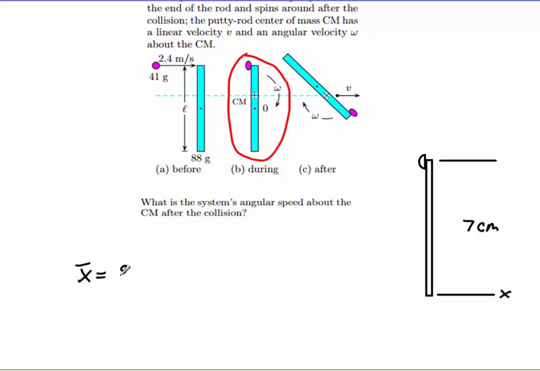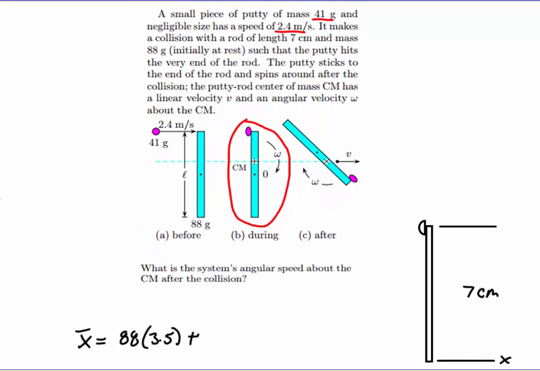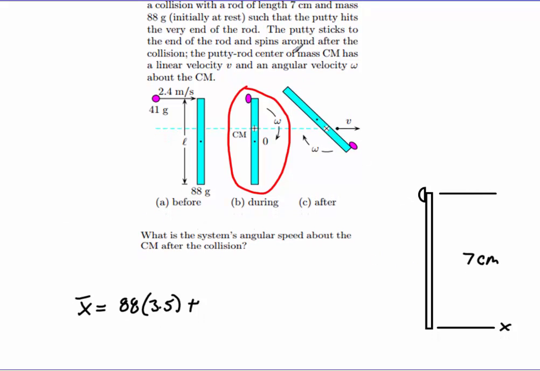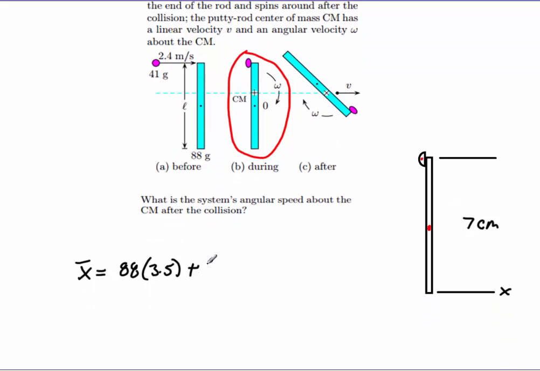So can I not say 88 times 3.5 plus 41? Yeah. So right here are the two centers of mass. I've got one right here and one right here for right now. So I've got 88 times 3.5. I come up and the putty weighs 41 times 7. I divide it by the summation of the masses. Can someone please run that number and tell me what you get?